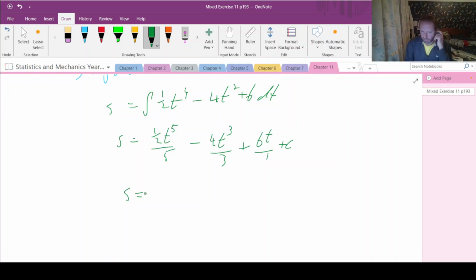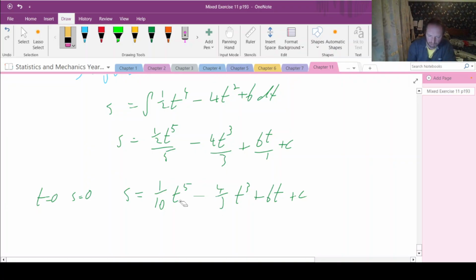So s is equal to a tenth t to the 5 minus 4 over 3 t cubed plus 6t. Now again, we know at t equals 0, s equals 0, so this term becomes 0, so we can get rid of the plus c to give us that.